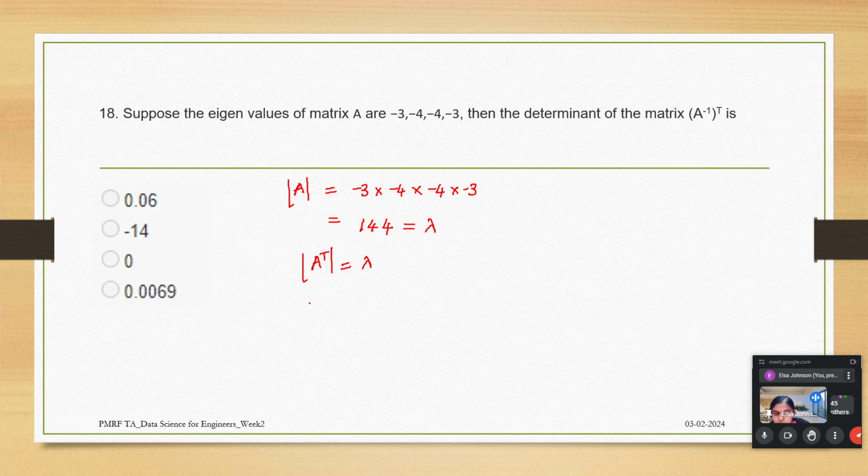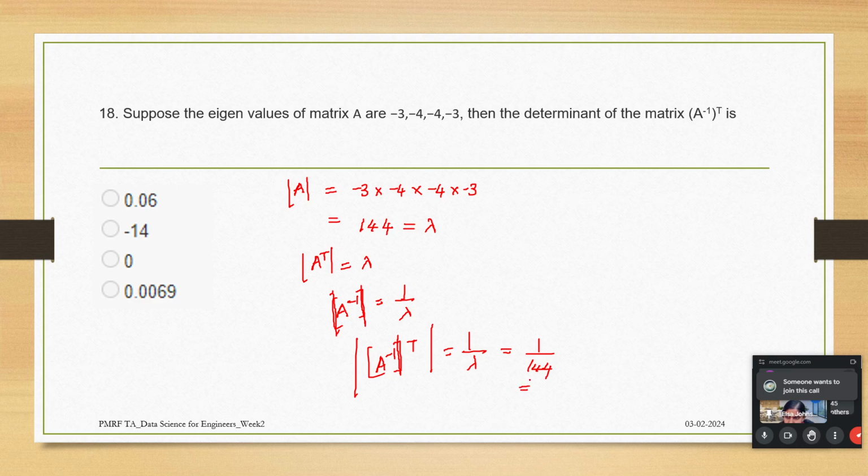Now for the inverse, the determinant of A inverse will be 1 by lambda, and the determinant of A inverse transpose will also be 1 by lambda.